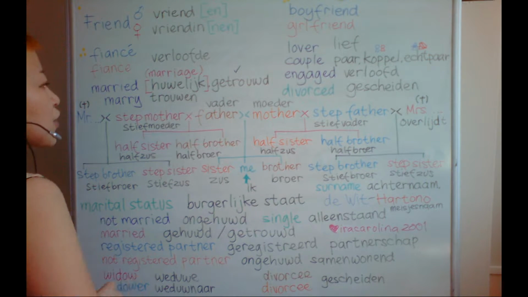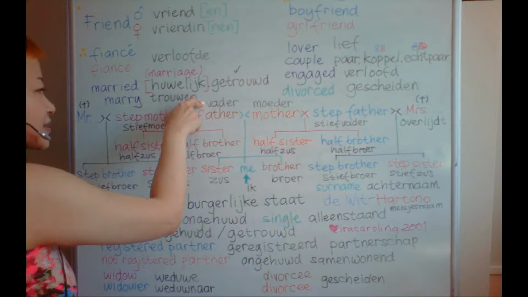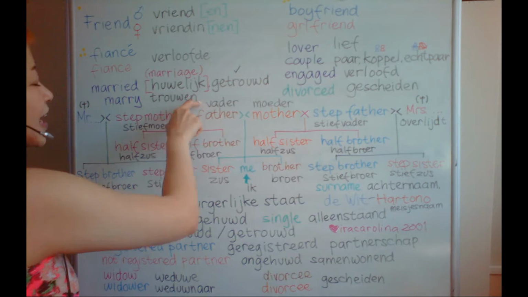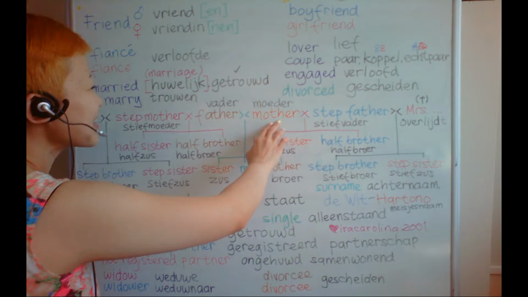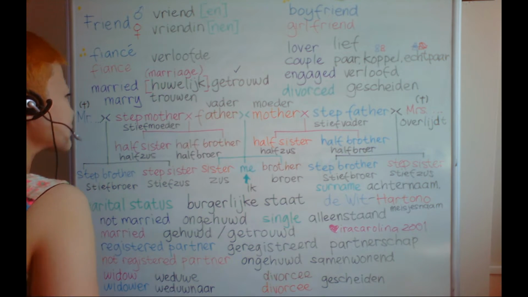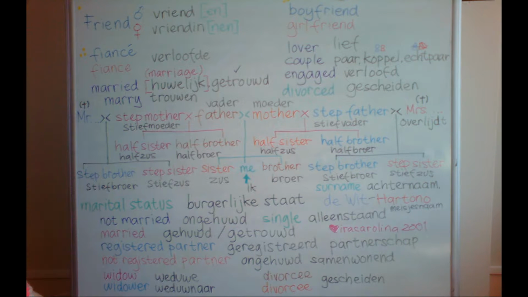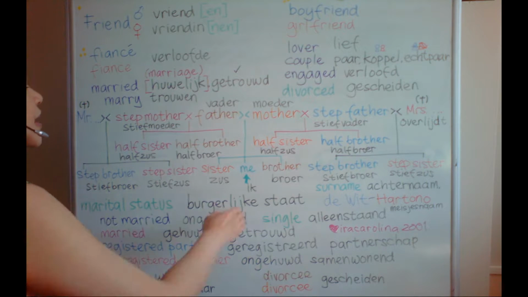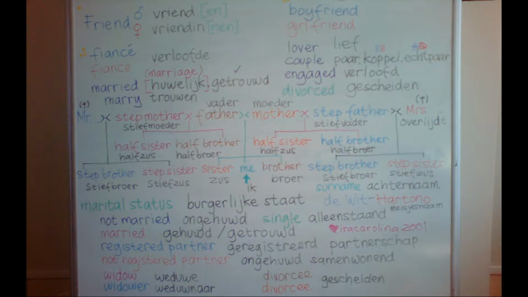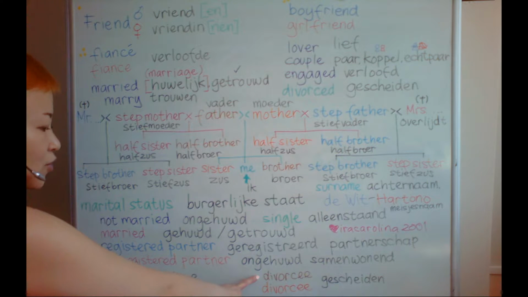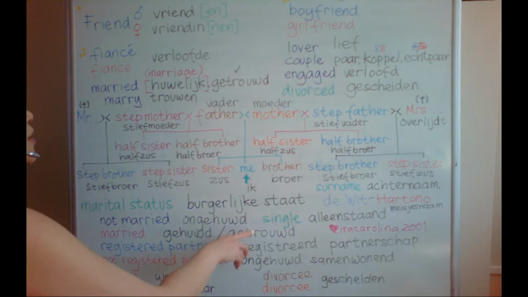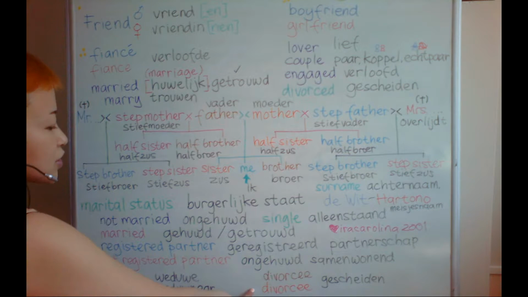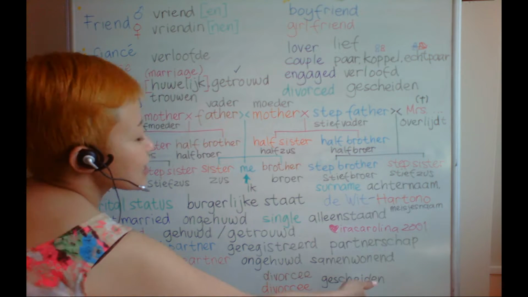I have a father, vader, and I have a mother, moeder. Let's say they're divorced. We can say divorcee. My father divorcee, my mother divorcee, and you can say gescheiden.